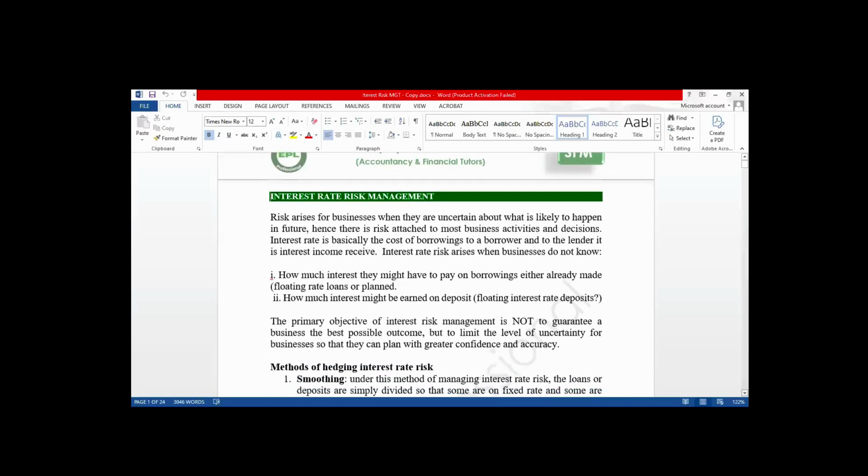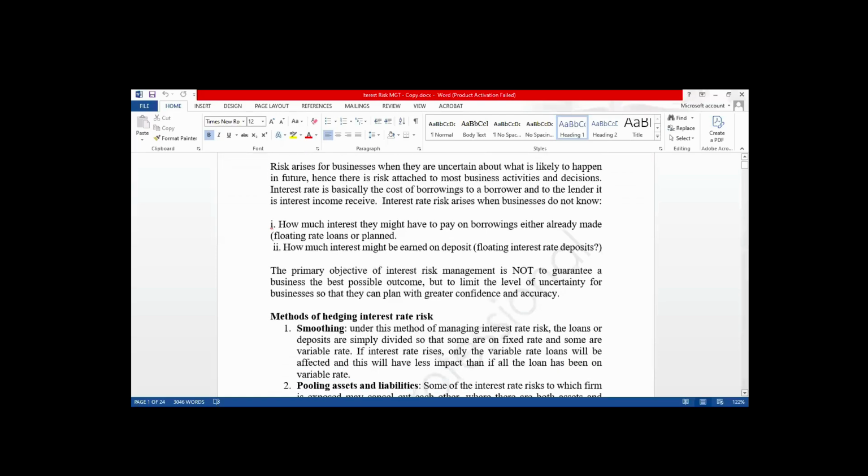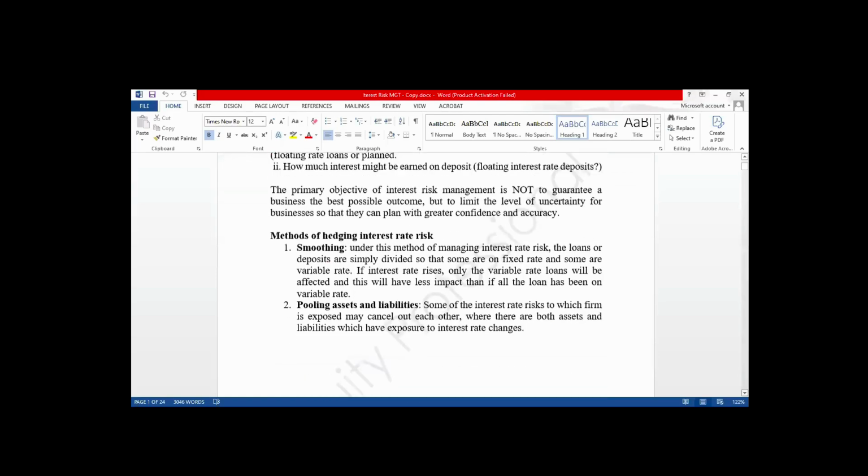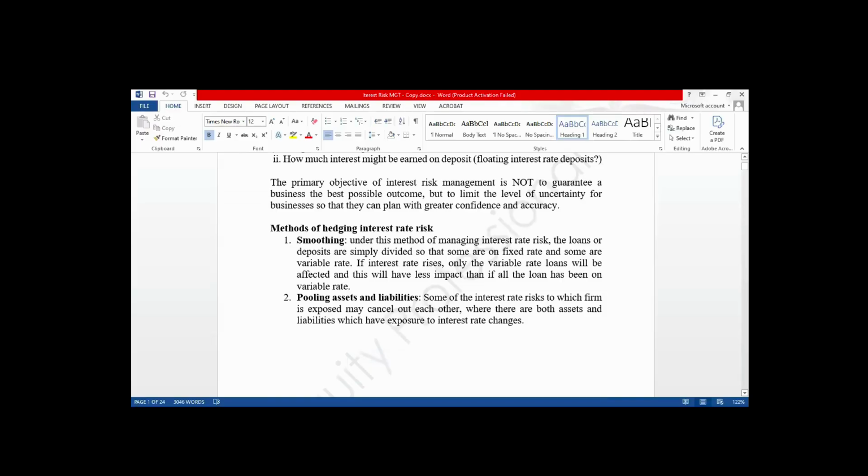We have method number 1, smoothing, whereby you are going to divide your loan or your deposit into 2. One part of the deposit will be at a fixed rate. The other part will be at a floating rate.